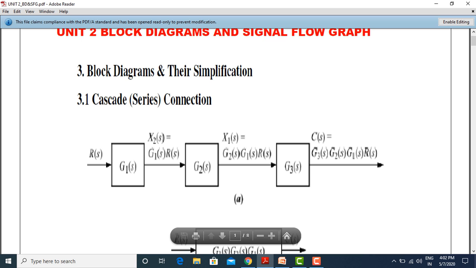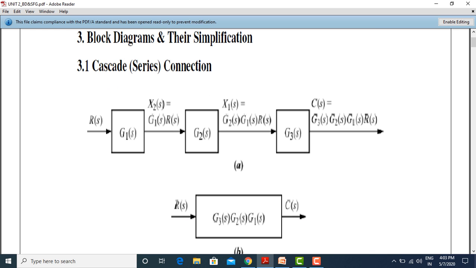Here we can see this diagram, and this G1, G2, G3 are in series. R of S is the reference input, C of S is the controlled output. So here x2 and x1. How are we going to calculate this x2 of S?